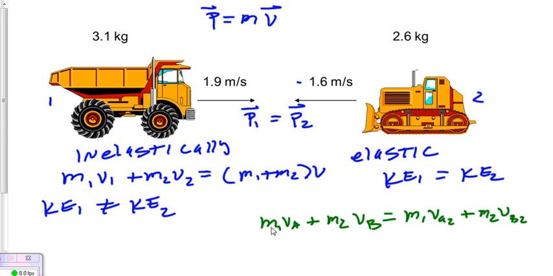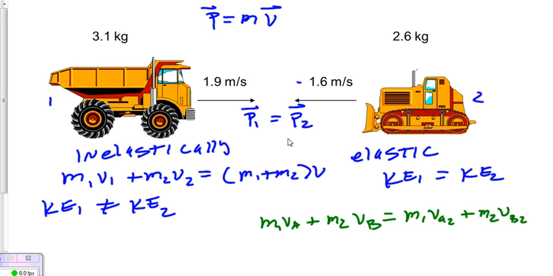So what I mean by this is we have a mass times the beginning velocity for this vehicle, that would be the truck, plus mass of the bulldozer times its beginning velocity. And then afterwards we have two different final velocities.